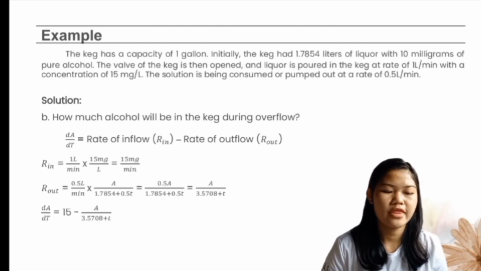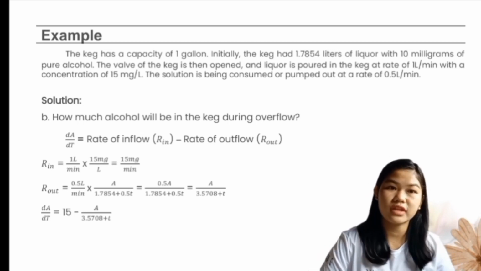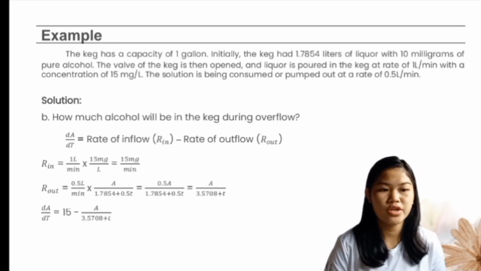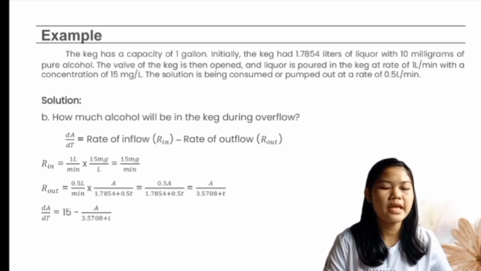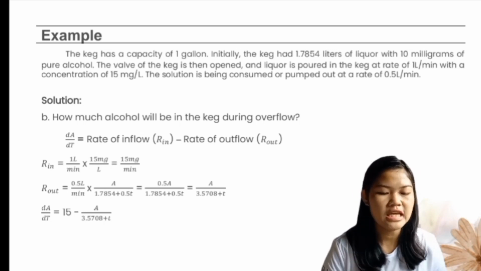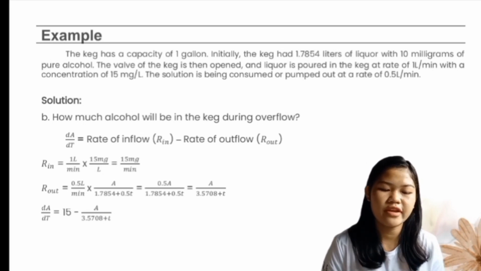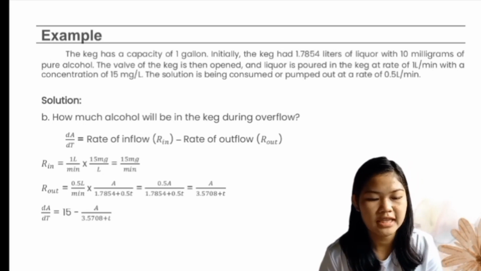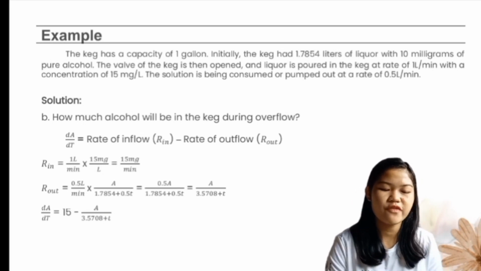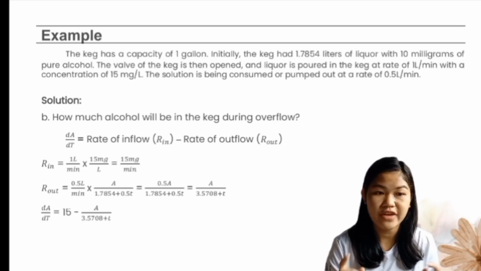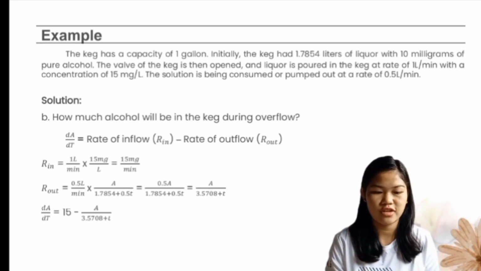We have here the amount of liquid flowing out of the keg per minute, which is 0.5 liter per minute. We place 0.5 t there because we know that the inflow is 1 liter per minute, and this means that every minute there is 0.5 liter added to the initial volume.